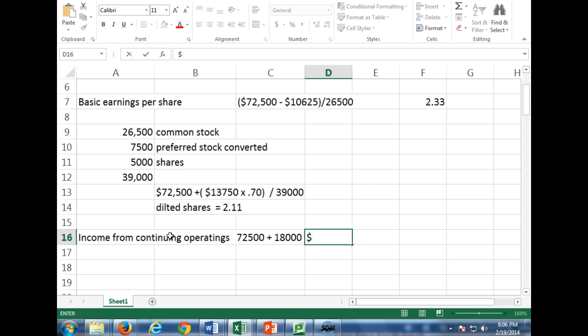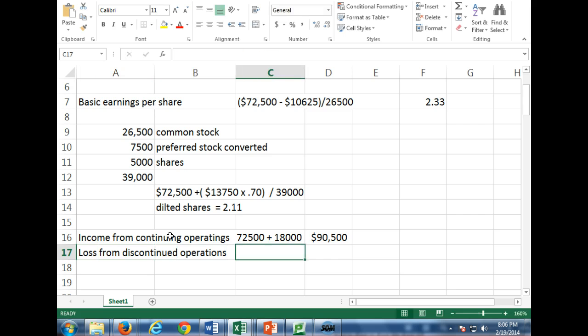So you show the $90,500, and then you show the loss from discontinued operations of minus $18,000 to come up with your new number of $72,500. We know the $72,500 has earnings per share of $2.33.